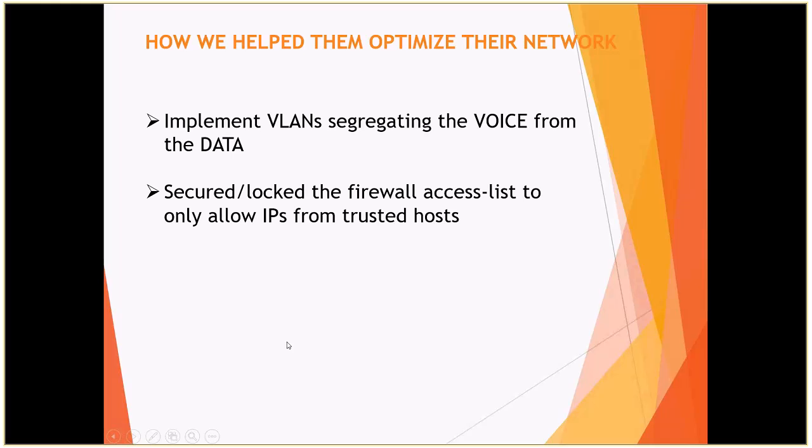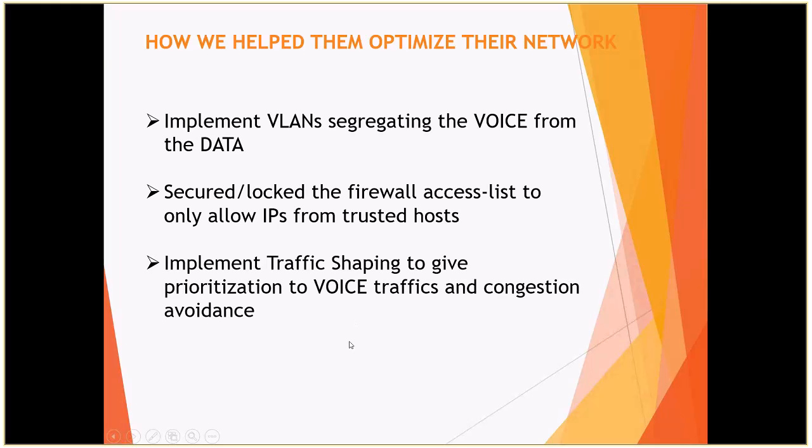Second, we secured and locked the firewall access list to only allow IPs from trusted hosts, meaning no source devices from outside the internet can reach the trusted host without being allowed from the router itself. And lastly, we implemented traffic shaping to give prioritization to voice traffic and congestion avoidance.